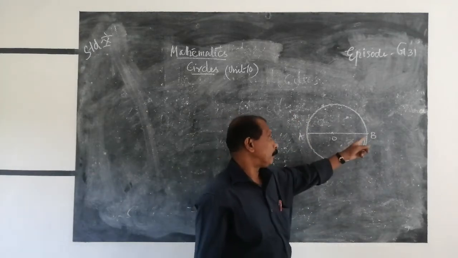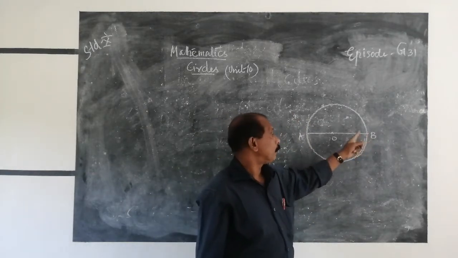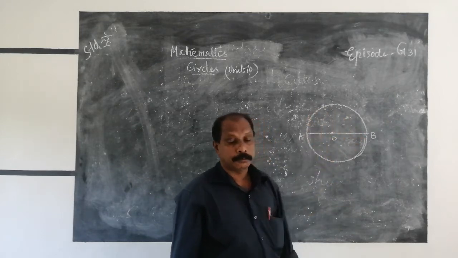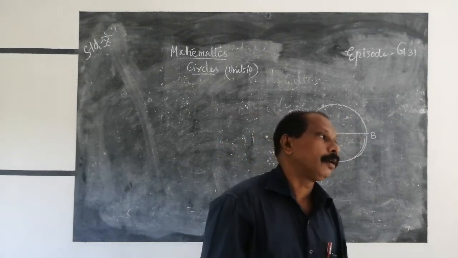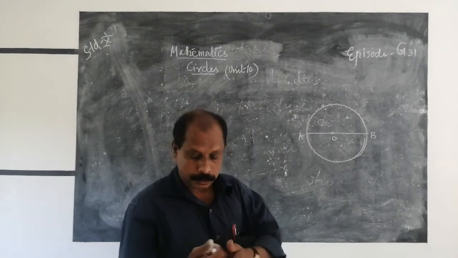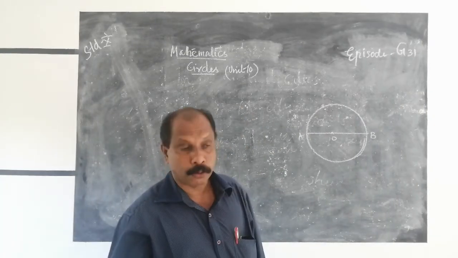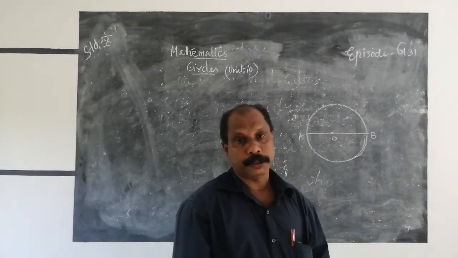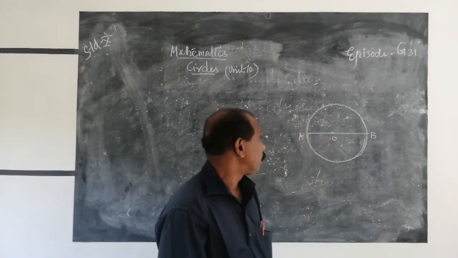That is, any point B moves with respect to the fixed point O, then the path traced by that point is a circle. Or a circle is the group of all points equidistant from a fixed point.